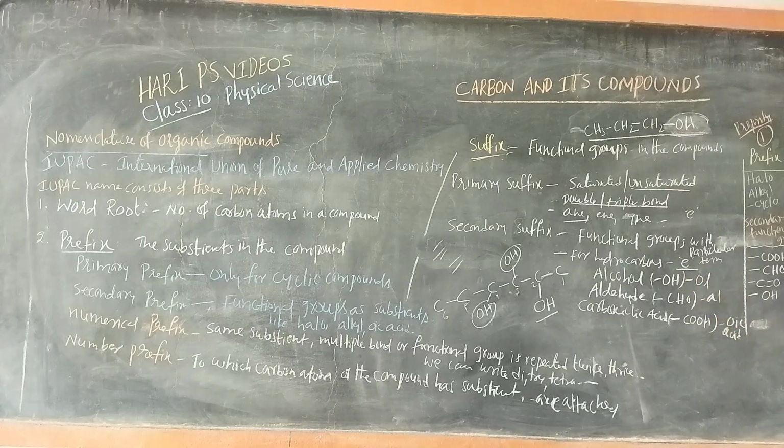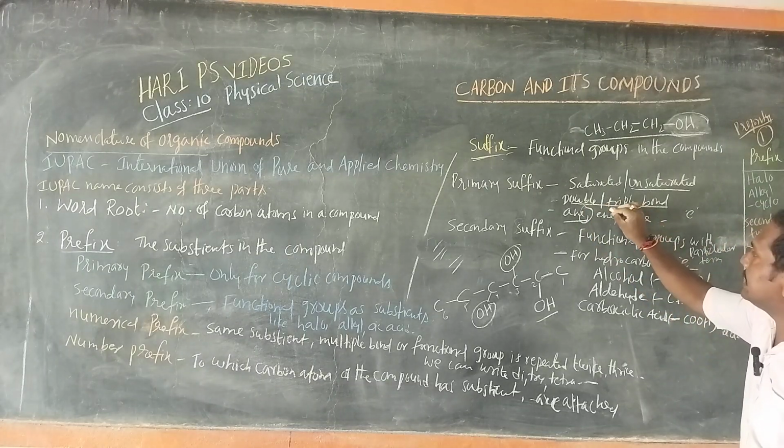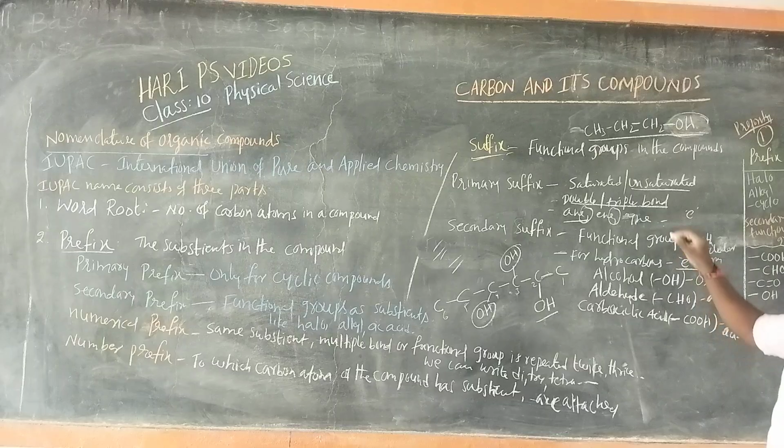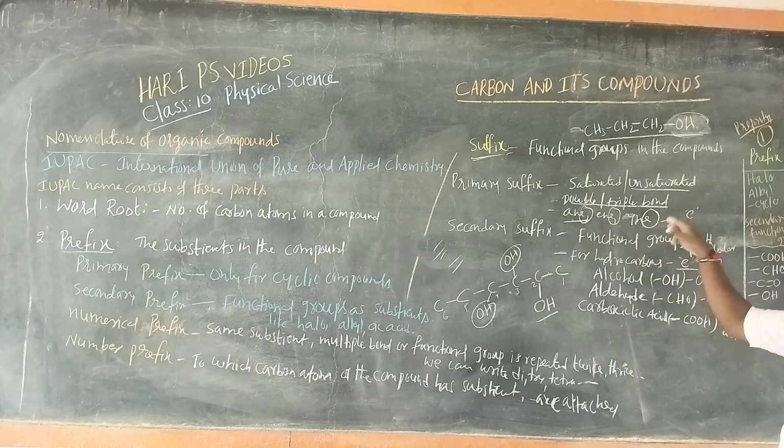So it ends with e for hydrocarbons, either saturated or unsaturated. So for alkane, ane. For alkene, ene. For alkyne, yne. So it ends with e. Hydrocarbons end with e, whether saturated or unsaturated, and then we give the name.